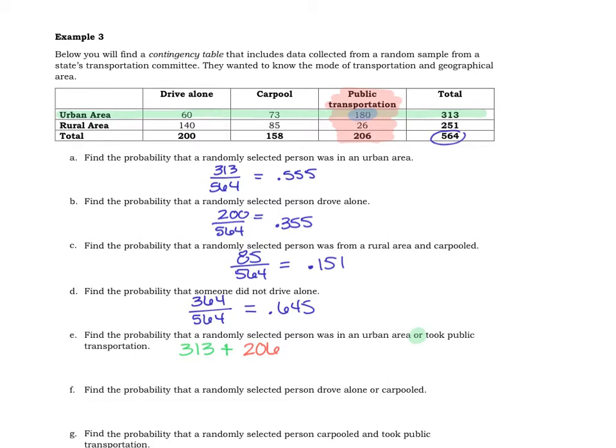So what we need to do is subtract off those 180 people, again, out of that total of 564, to find out that there were 339 individual people who qualified as urban area or public transportation, or both, and we come up with 0.601 as the probability.